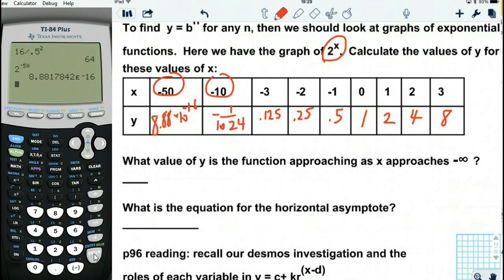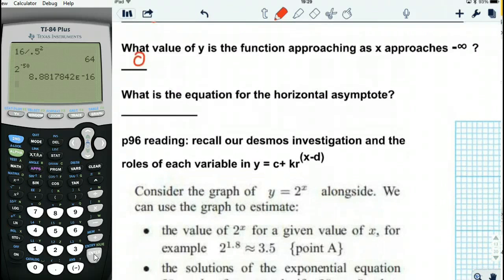So y is getting very, very close to 0. So let's say it's 0. What is the equation of the horizontal asymptote? Well, if y is approaching 0 as x approaches negative infinity, then the horizontal asymptote is y equals 0.